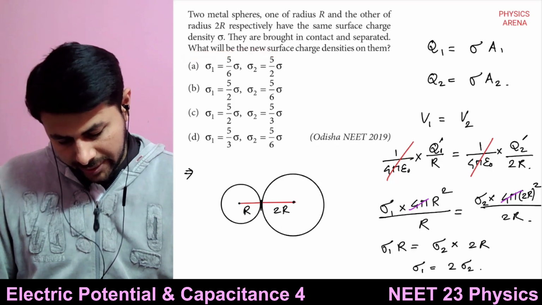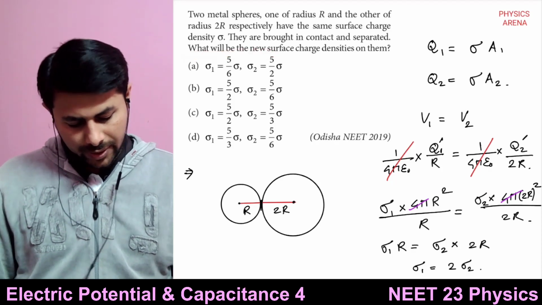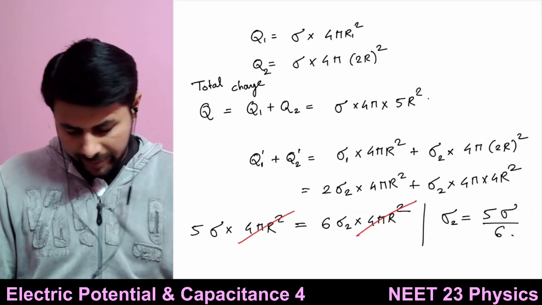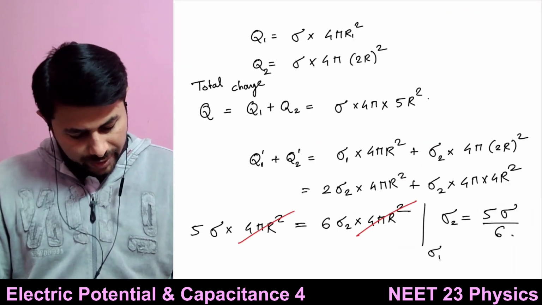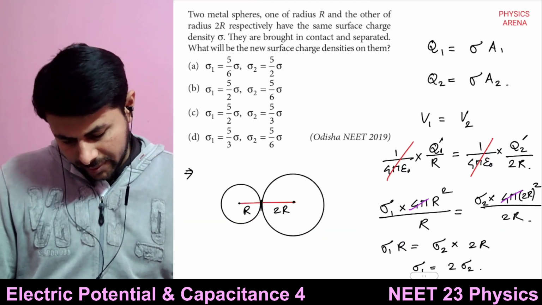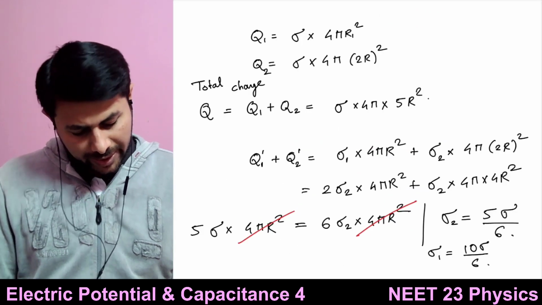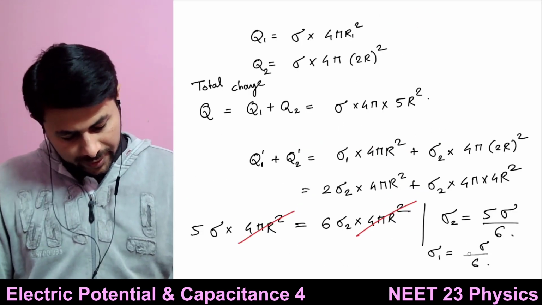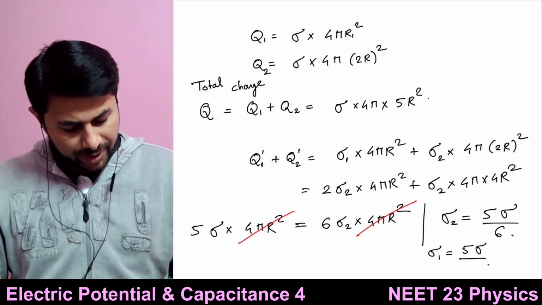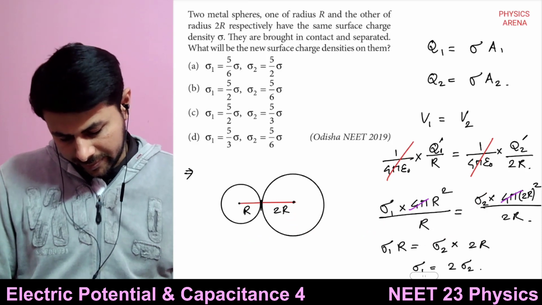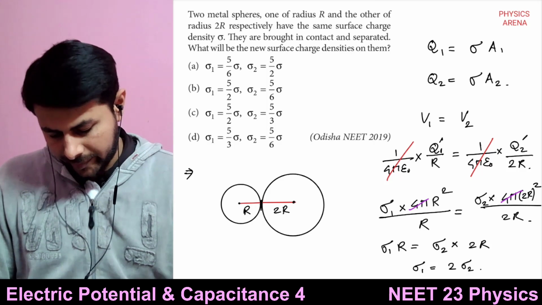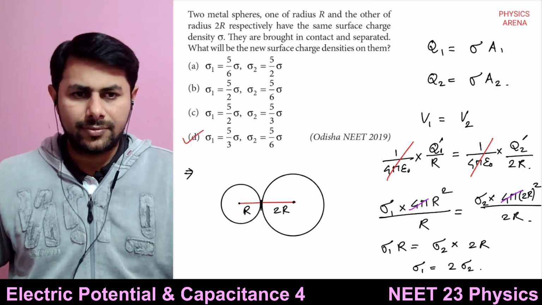What will be the new surface charge densities? We found sigma 2, and sigma 1 is 2 times of sigma 2. So sigma 1 is 10 times of sigma divided by 6, or we can say 5 times of sigma divided by 3, right? So this is the answer. So option D is the answer.